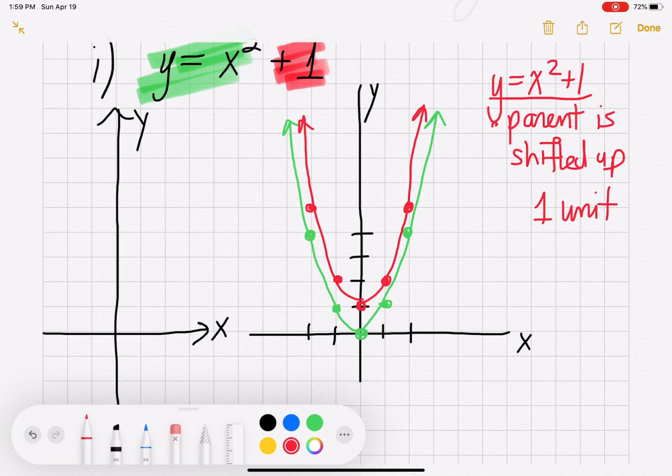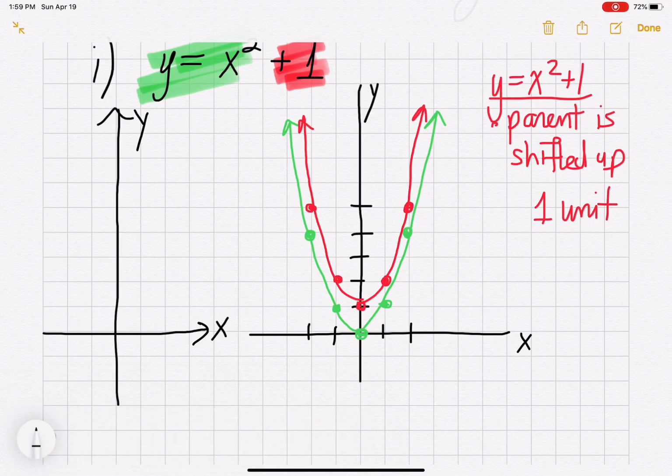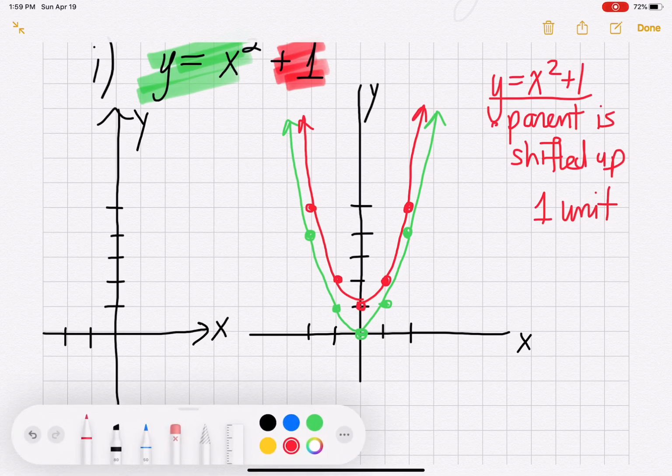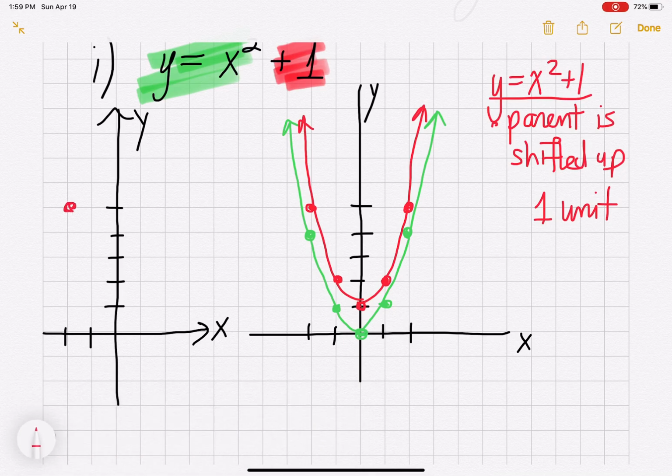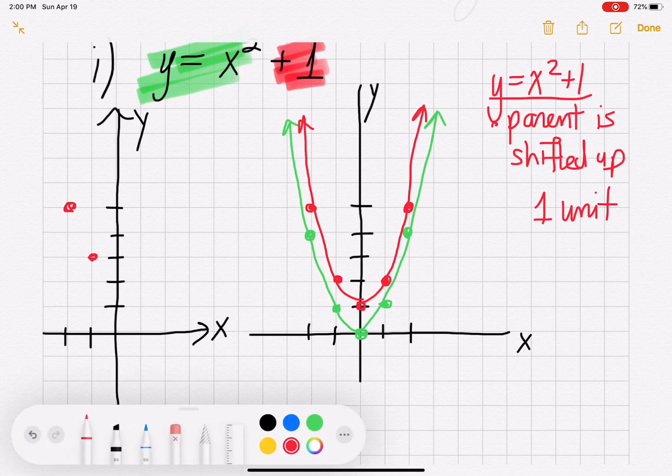So here we have what? We have negative 2, 5. Put that out here to the side. We have negative 1, 3. No, sorry, negative 1, 2, actually.